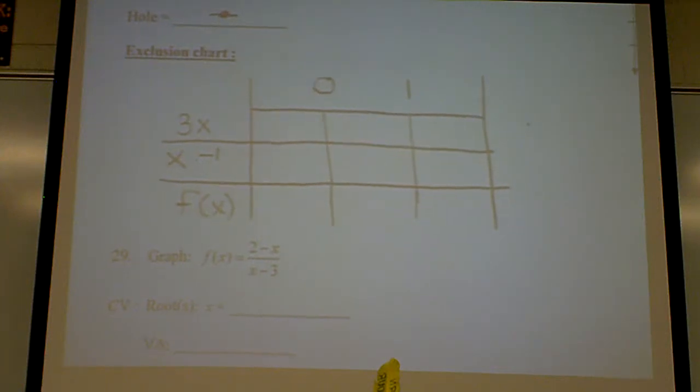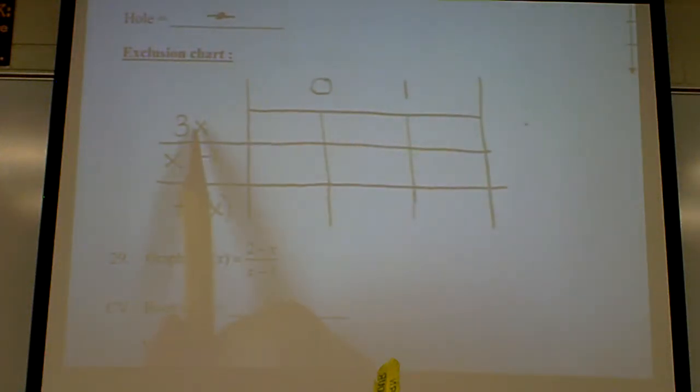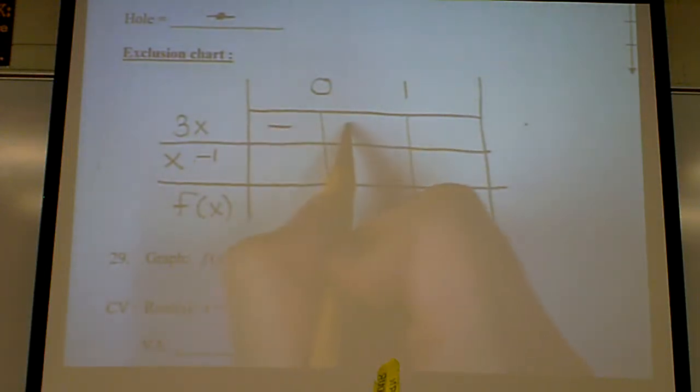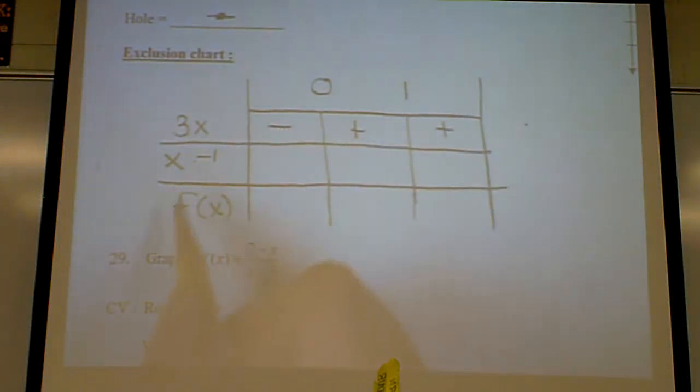Alright, so how would I fill this in? To make this 0, we need to put a 0 in here, so everything to the left of 0 is negative. To the right is positive. And the second one, our magic number is 1. So everything to the left is negative, and to the right is positive.